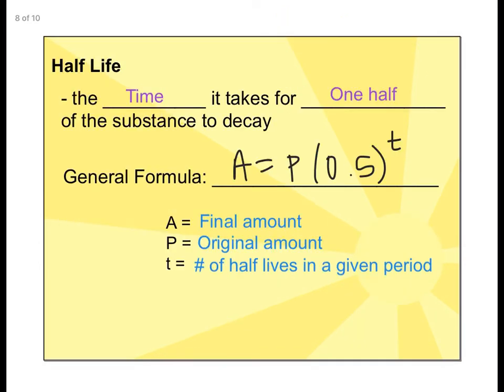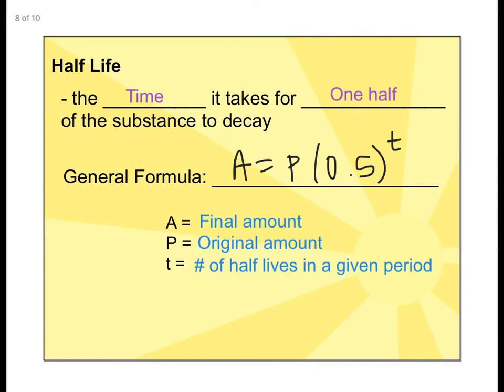All right, so under exponential decay, we also need to talk about half-life. Half-life is the time it takes for 1/2 of the substance to decay. So this is really common when we look at bacteria, things like that in nature. The general formula says A equals P times 0.5 to the T power.